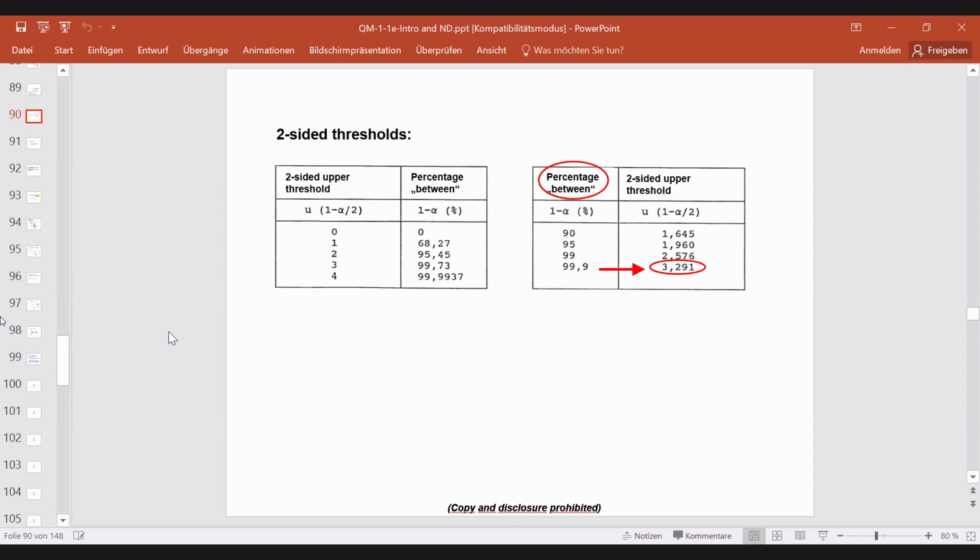So what you need here is, because the question is about two-sided thresholds, you need this part of the table. And if the question is about 99%, between which values are 99% of the parts, then you get this table value here, 3.291.